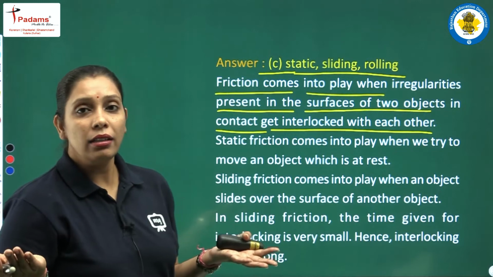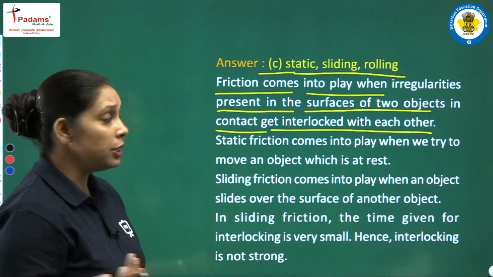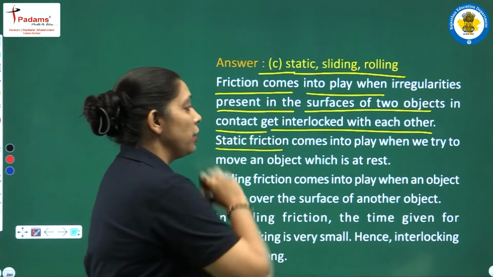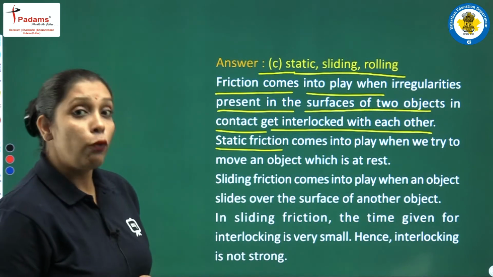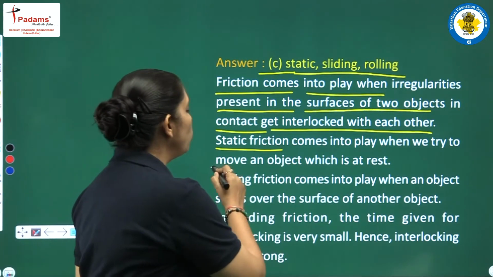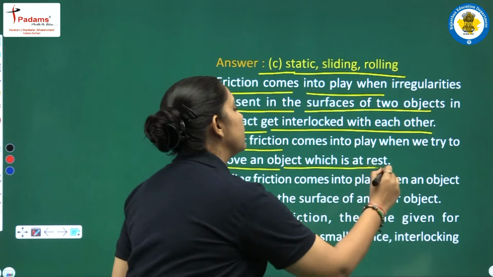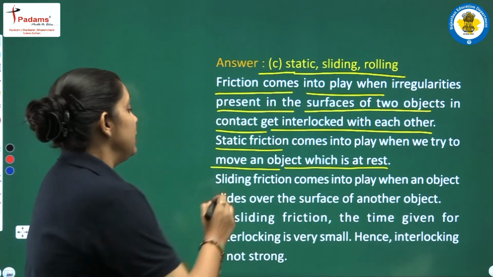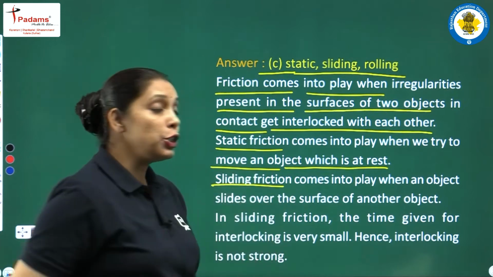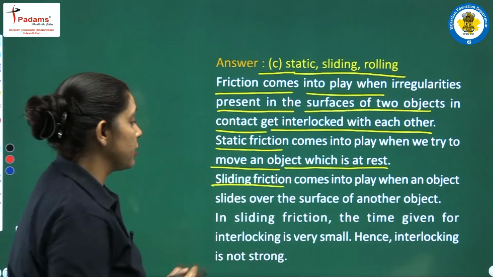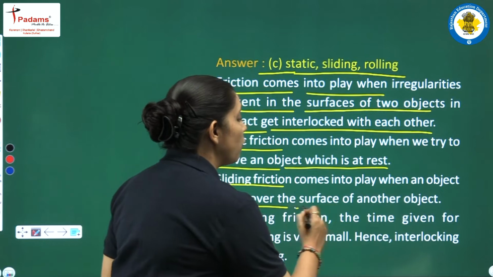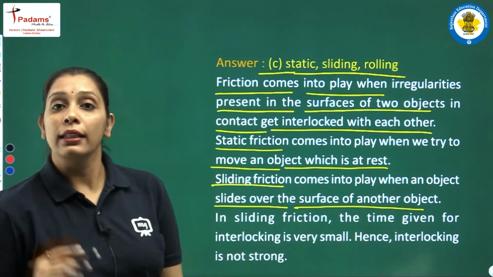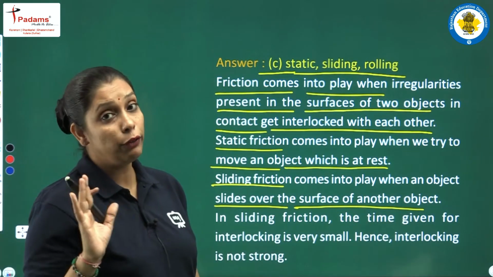We already had learned in our videos, isn't it? Static friction comes into play when we try to move an object which is at rest. Is this clear to all the children? Sliding friction comes into play when an object slides over the surface of another object. That I already had told you in videos.